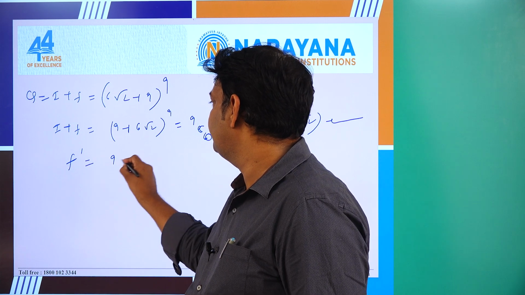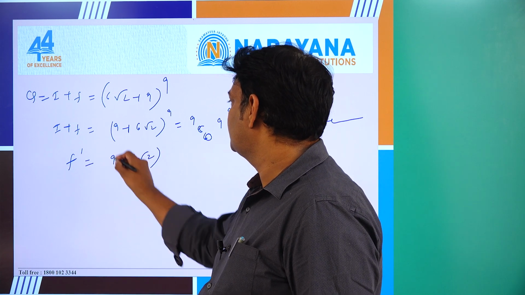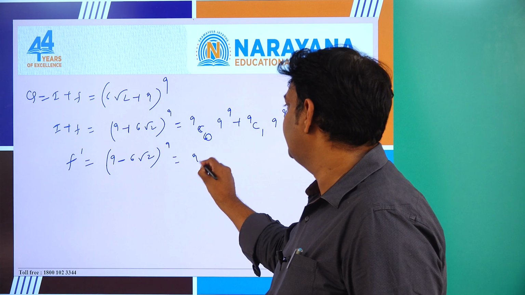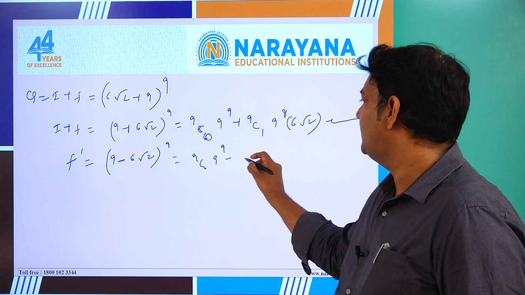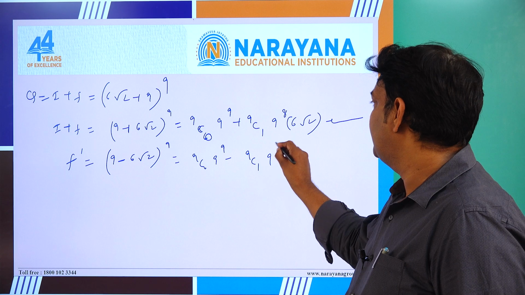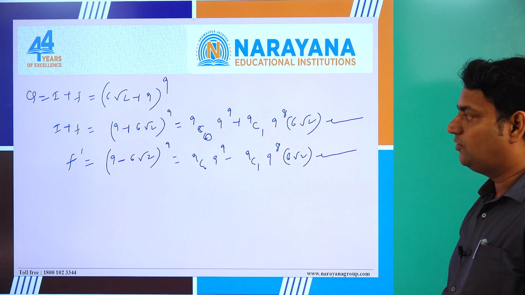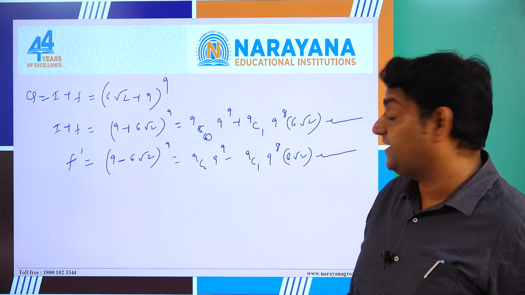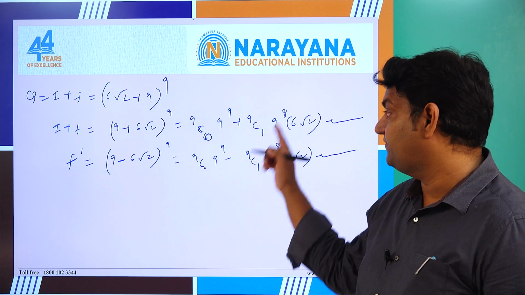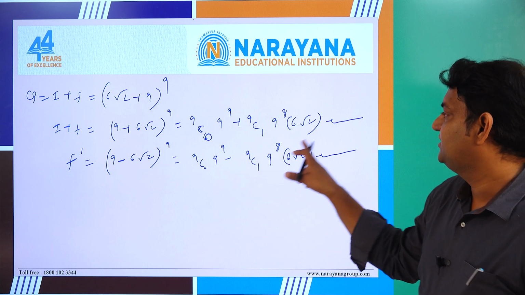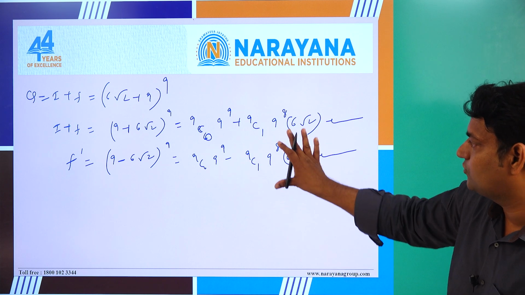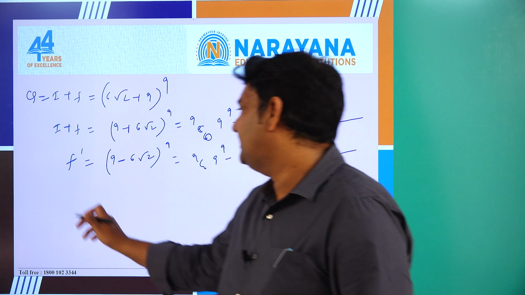What is f dash? (9 − 6√2)^9, which is 9C0 9^9 minus 9C1 9^8 into 6√2 plus and so on. Again, as I said, we want the rational. So shall we add or subtract? 6√2 is an irrational number, I don't want this, so obviously we will add. Let us add.